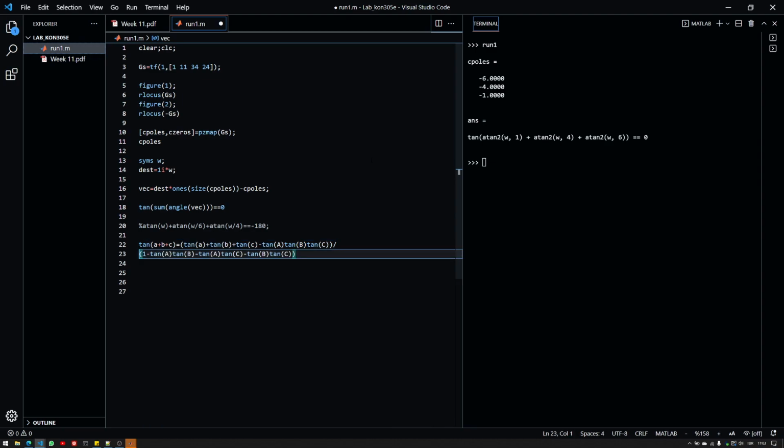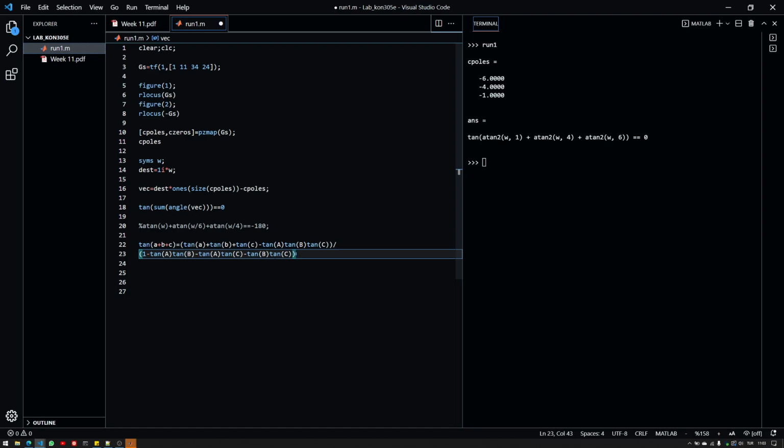It's not really that difficult to understand. So we have the sum of the individual values, the tangents of the individual values, and then the multiplication of the tangents of the individual values divided by 1 minus the AB, AC, and BC multiplications.